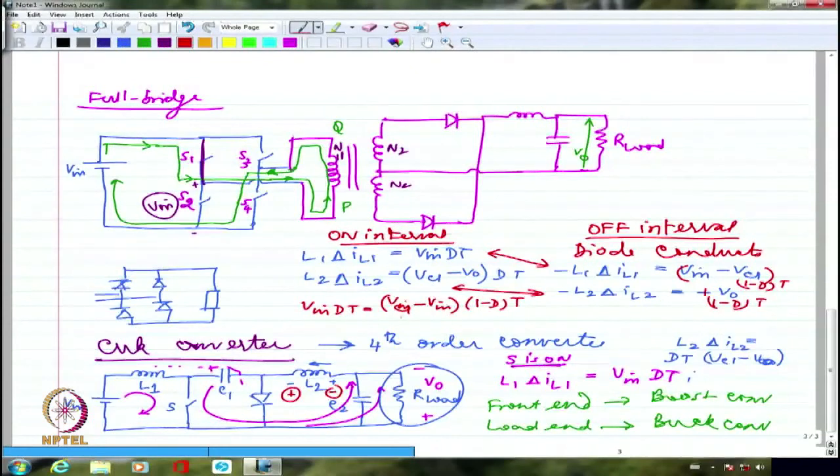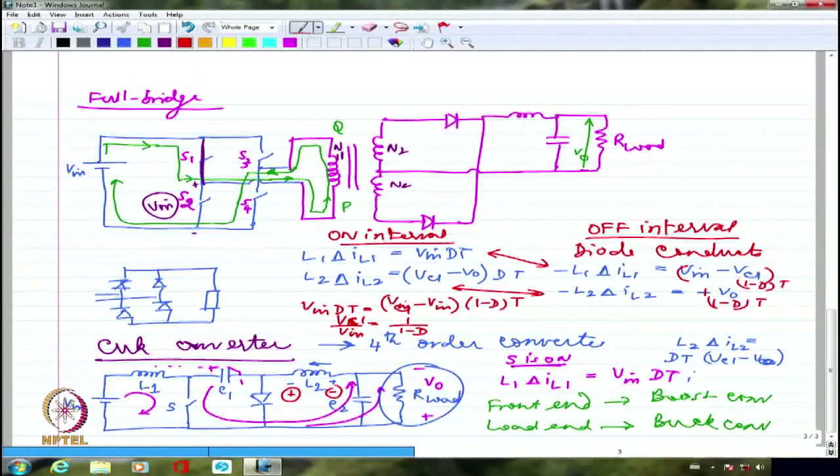So I should say V0 by V in equal to 1 by 1 minus d. Not V0, Vc1, sorry. Vc1 by V in equal to 1 by 1 minus d. Exactly similar to the expression of boost.